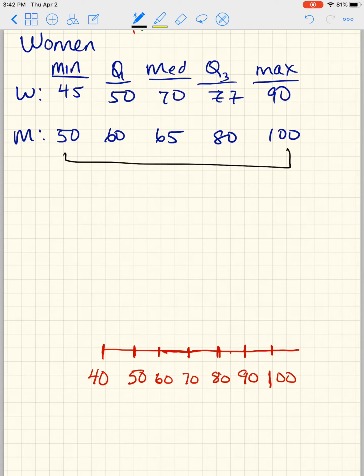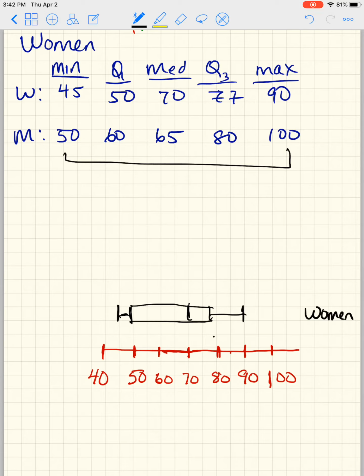So for women, I'm going to go here. I'm going to put min, Q1, median, Q3, and max. And I need to make sure that I label. So I'm going to just put women right here.